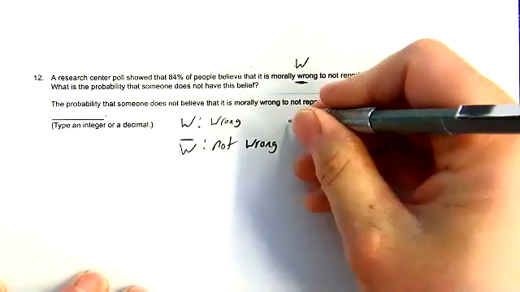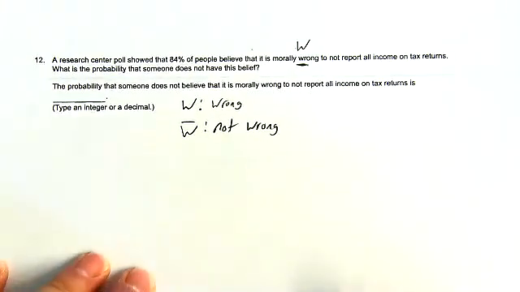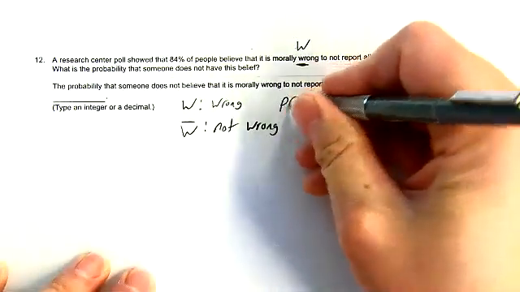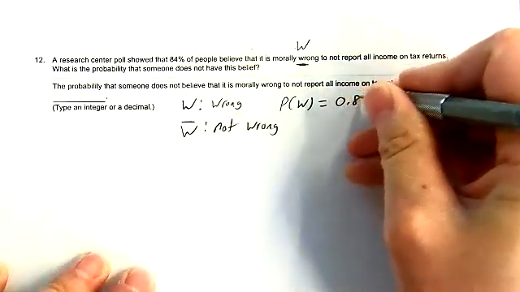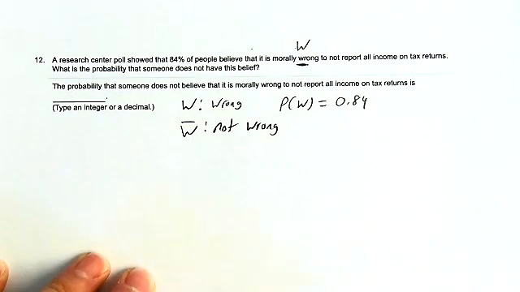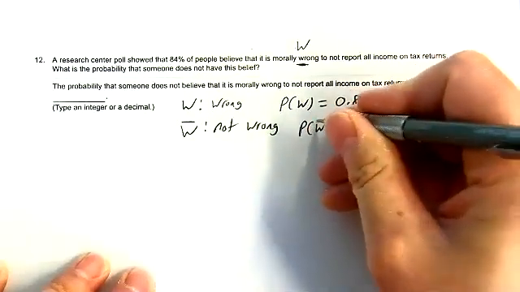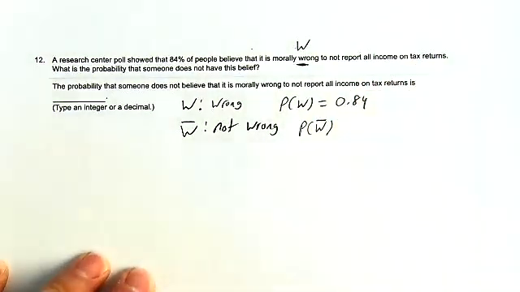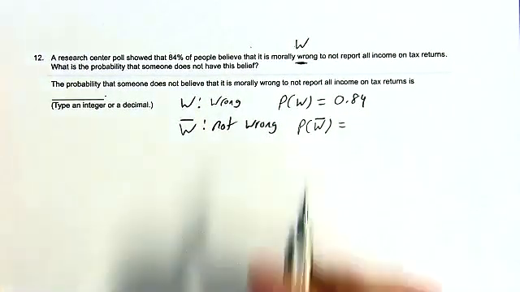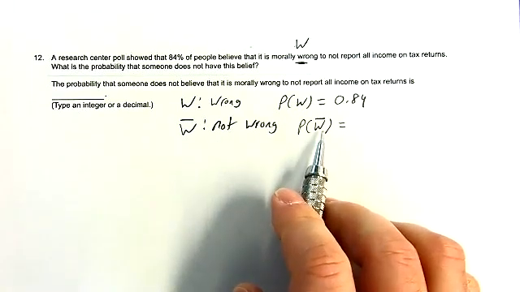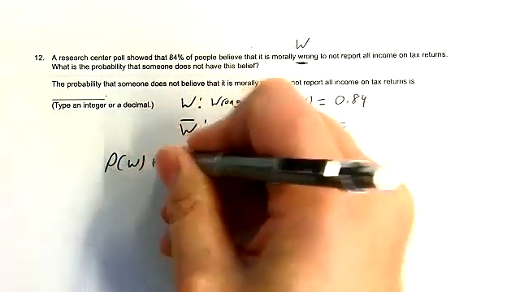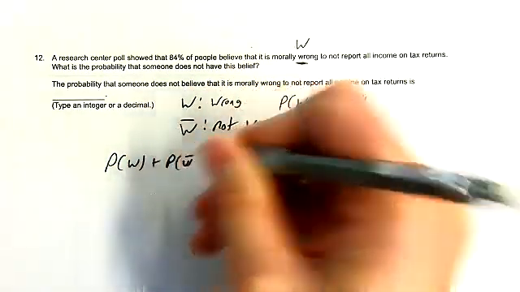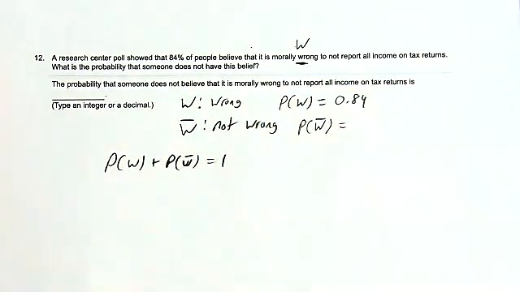So we already know from yesterday, I kind of already gave us this because it just felt natural to do so. The probability of someone thinking it's wrong is 84%, so it's just 0.84. What would be the probability of people who think it's not wrong? Well, we know from yesterday that these two things have to add up to 100%, right? So we know P(W) plus P(W complement) must equal 1.